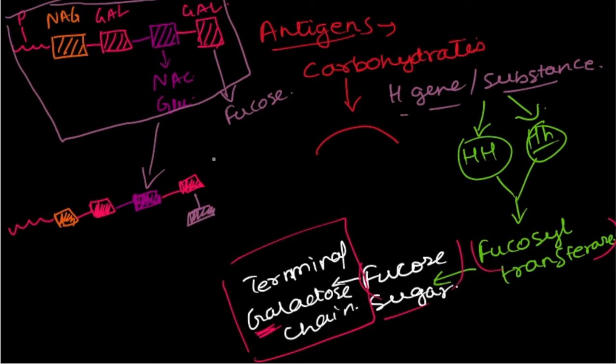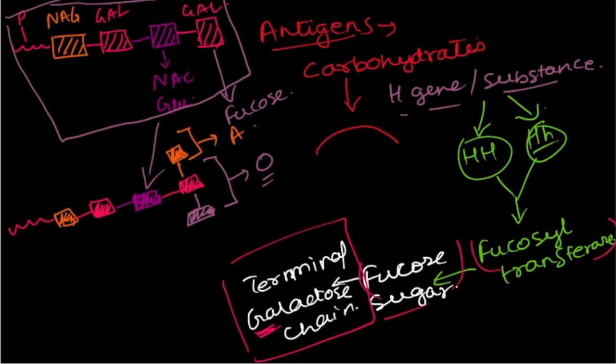If only this assembly is present, then the individual is said to have only the O group. If there is the addition of another N-acetyl galactosamine, then we say that the individual has A blood group.